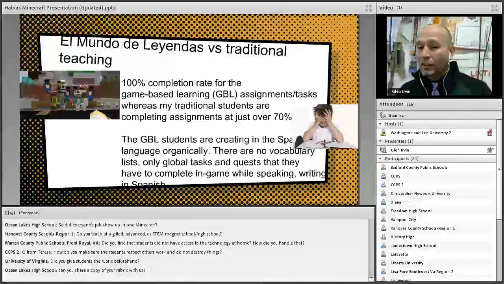I talk here about students creating in the language organically. One of the things that you guys probably are passionate about too is that you want your students to go off script. You don't want them to just have memorized statements. You want them to be able to combine and recombine and be passionate about learning how to say this other thing that hasn't been taught in class, adding their own phrases and vocab in the second language.